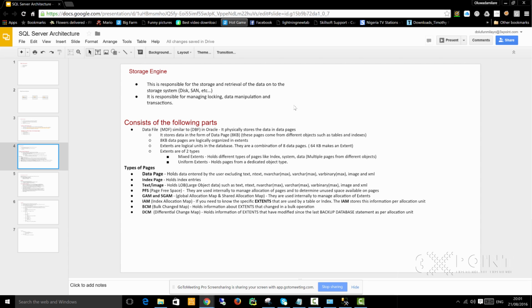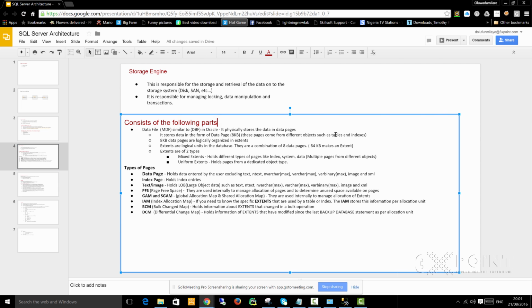But talking about transactions, we will go deep into transactions as well in due course, because there are a lot of areas we need to look at on that angle, because there are isolation levels that help us to manage transactions. So moving on to the storage.